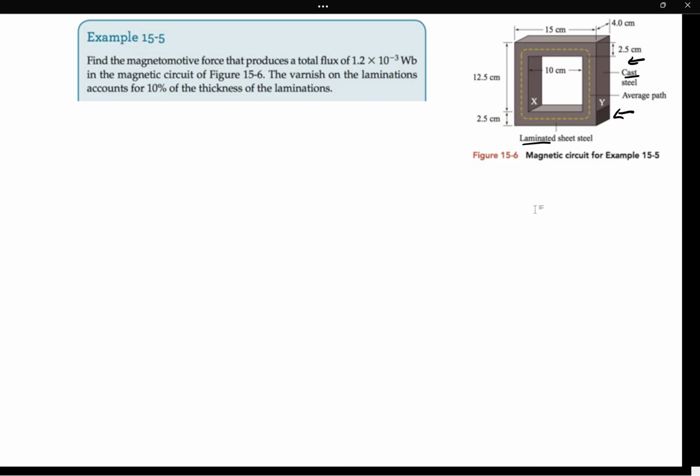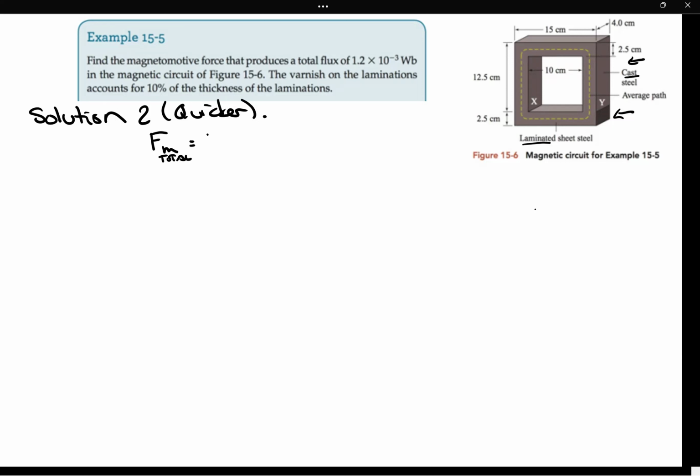Now we are going to solve it this way. This is like solution 2, which is quicker. Instead of doing reluctance, we're not going to do reluctance at all. We're going to exploit the fact that this is a series magnetic circuit.